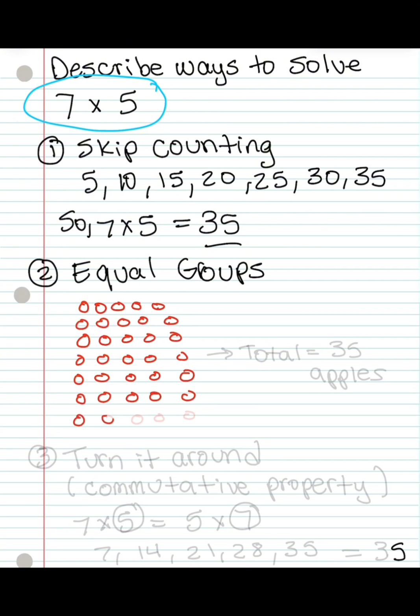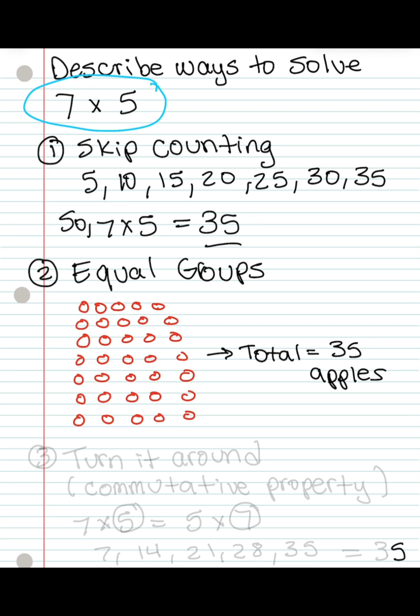I need one more. So that's 7 groups of 5, and you could just add those up. So the total, 35 apples, or whatever example you want to come up with.